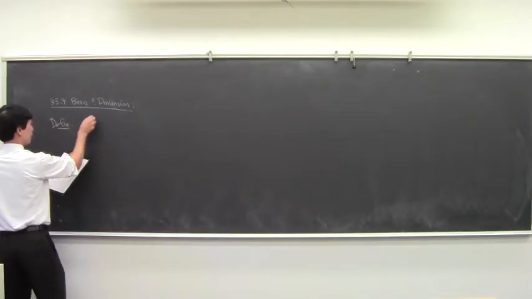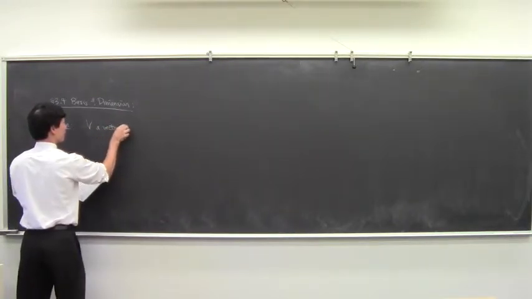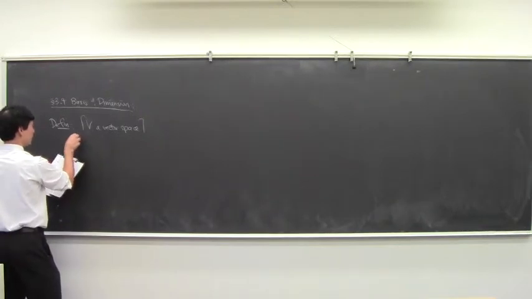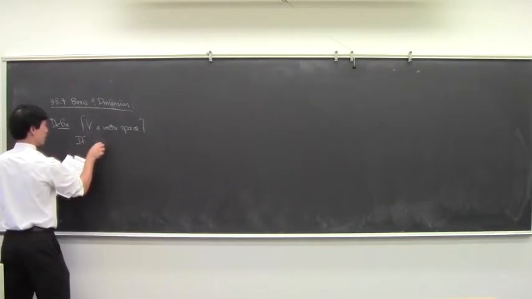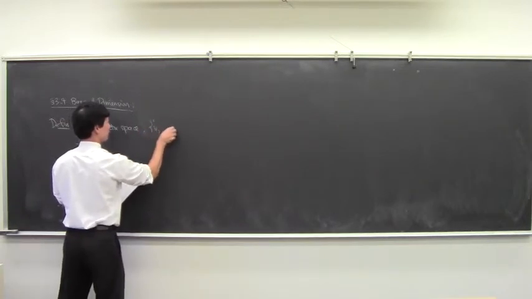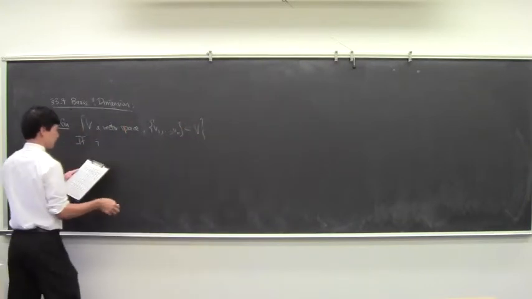So you have V, a vector space, and if you have some set of vectors, so you have some set V1 through Vn that lies inside of V. Okay.